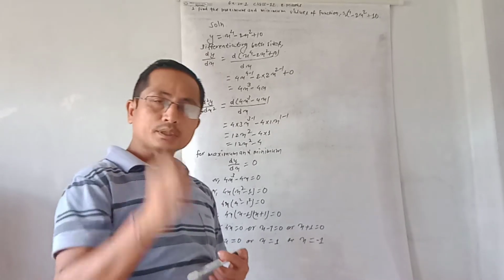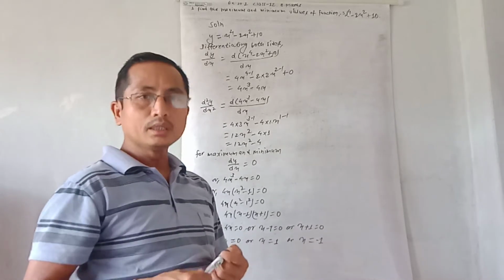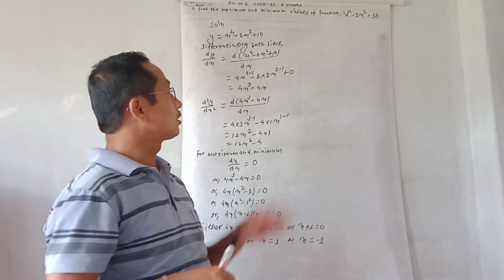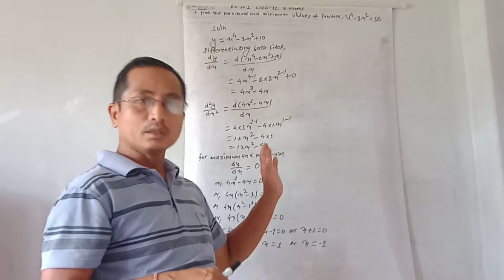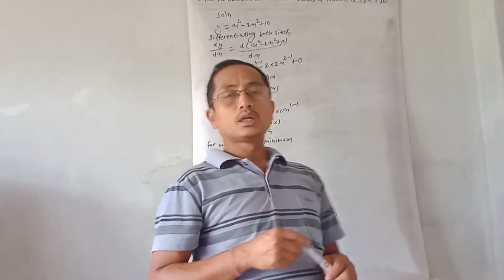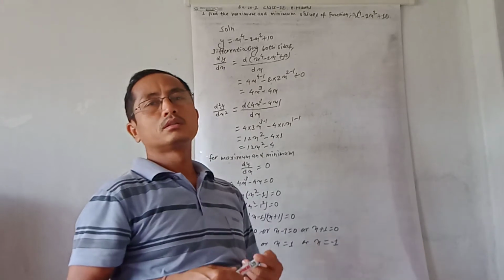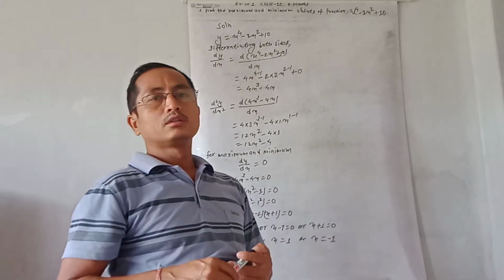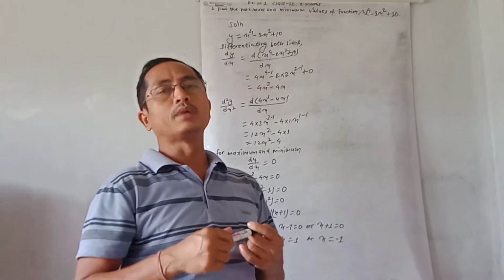When the second derivative is greater than 0, the function has a minimum value at the given point. And when the second derivative is equal to 0, the function has neither maximum nor minimum value.